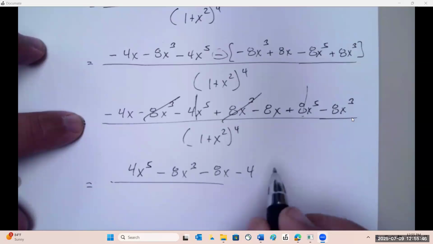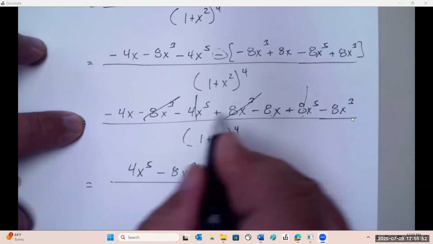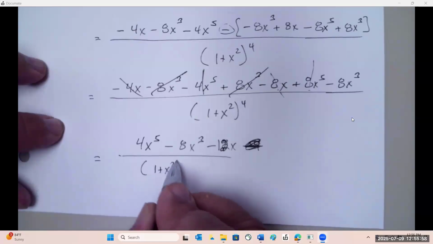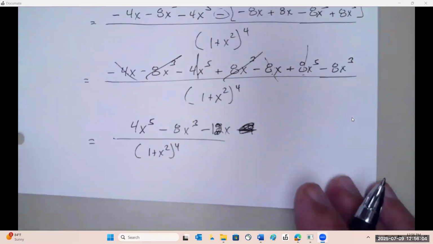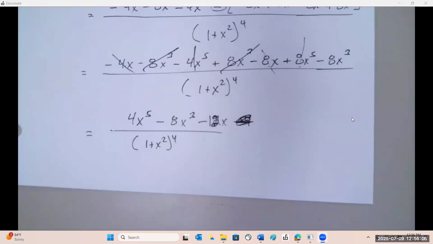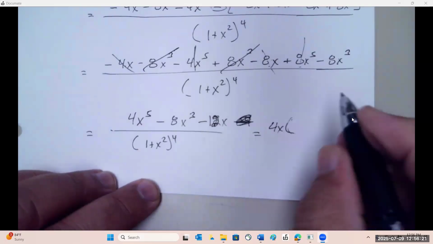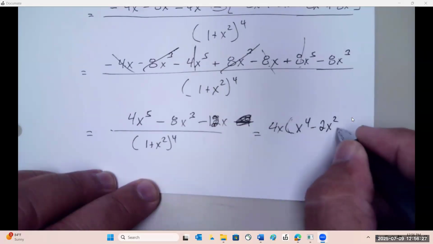Oops, minus 8x minus 4x is minus 12x. We can factor out a 4x, leaving x to the fourth minus 2x squared minus 3.